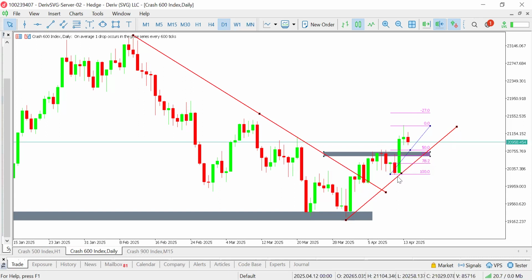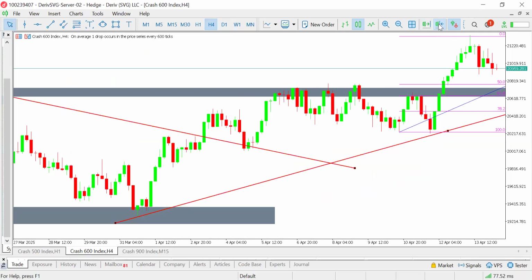We have our Fibonacci retracement zone, which we're hoping that if price comes back into this zone between 50 and 61, then we'll say that we have a very, very strong support, which is also coinciding with a support zone. Now let's see if we can expand this further by looking at the H4 time frame.